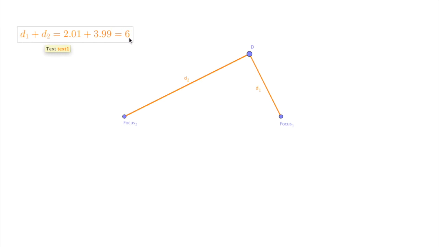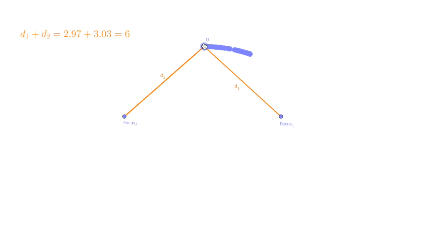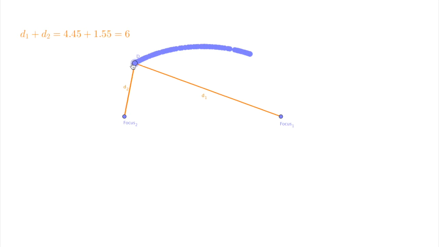So one way of actually doing this by hand is to put a pin into cardboard in 2 different locations, take a loop of string that does not stretch, and pass it through those 2 pins in the board, drag a pencil up into one corner, pull it really taut, and as you keep it taut, drag the pencil around the piece of paper.